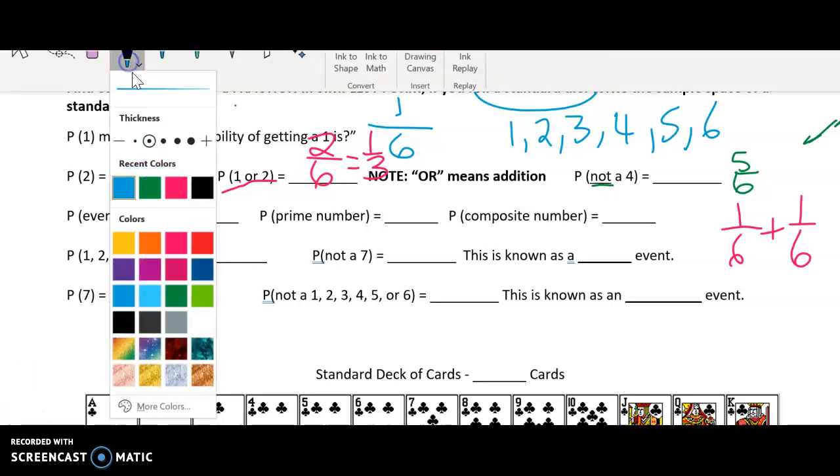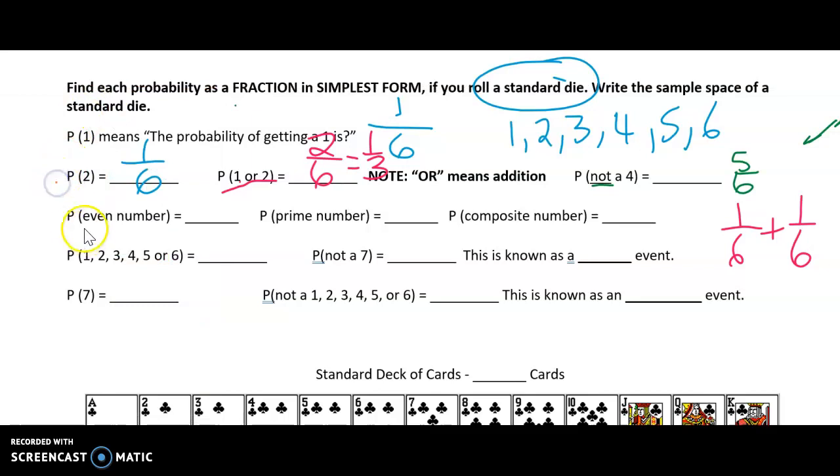I'm still working on my sample space of my dice, and I'm going to do an even number. Even, even, even. 3 out of 6, which is 1/2.